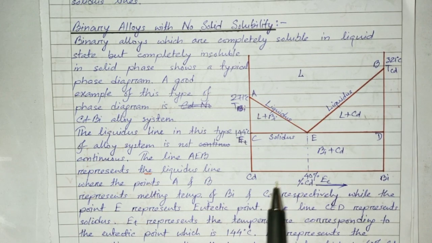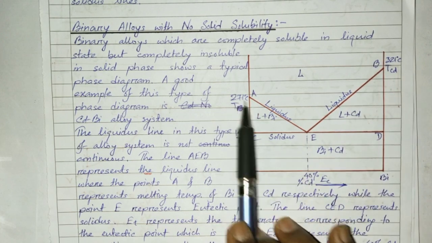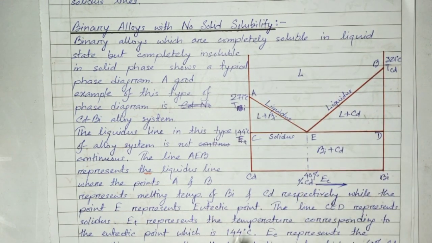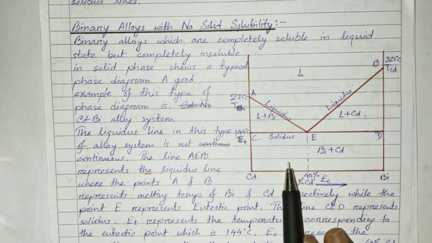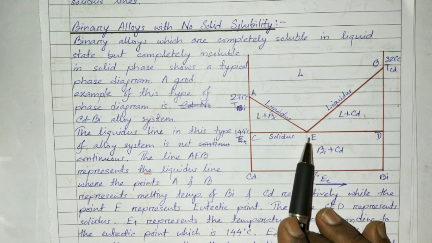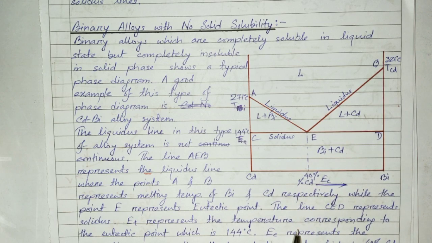Here we can see that the liquidus line is not continuous anymore. In the previous phase diagram we saw that both the solidus and liquidus lines were continuous, but here the liquidus line is now not continuous. It intersects the solidus line at a point which is called the eutectic point.